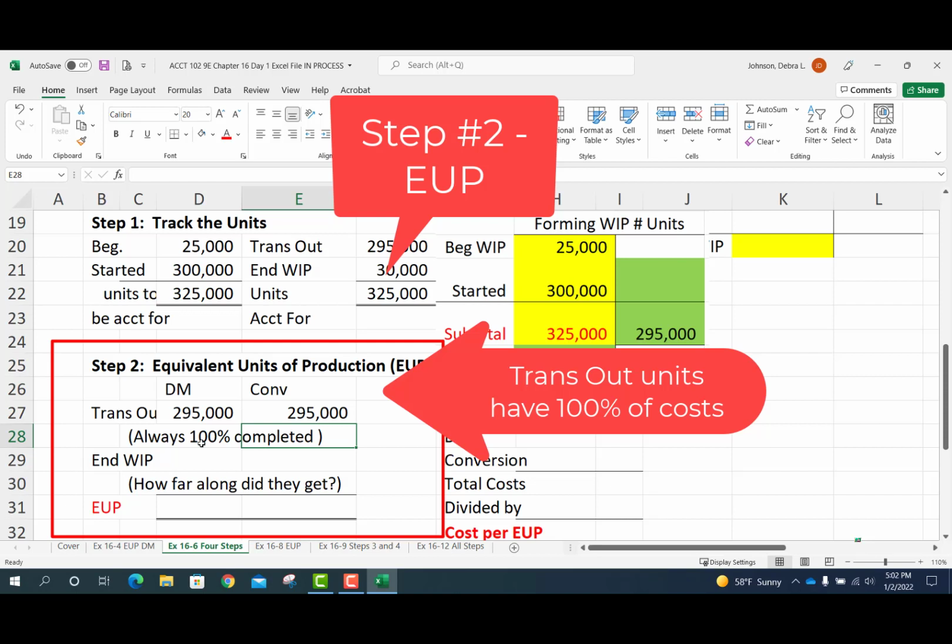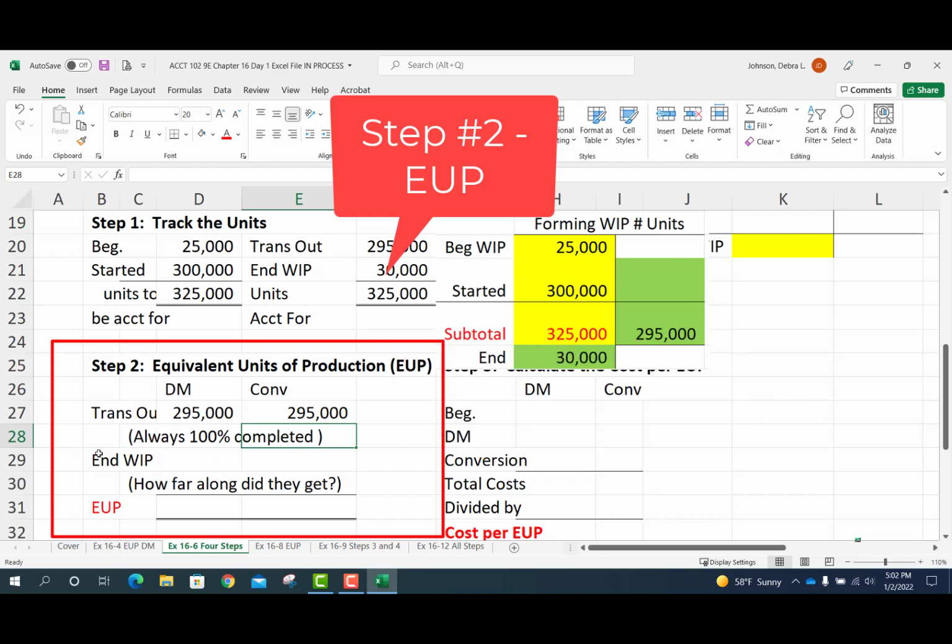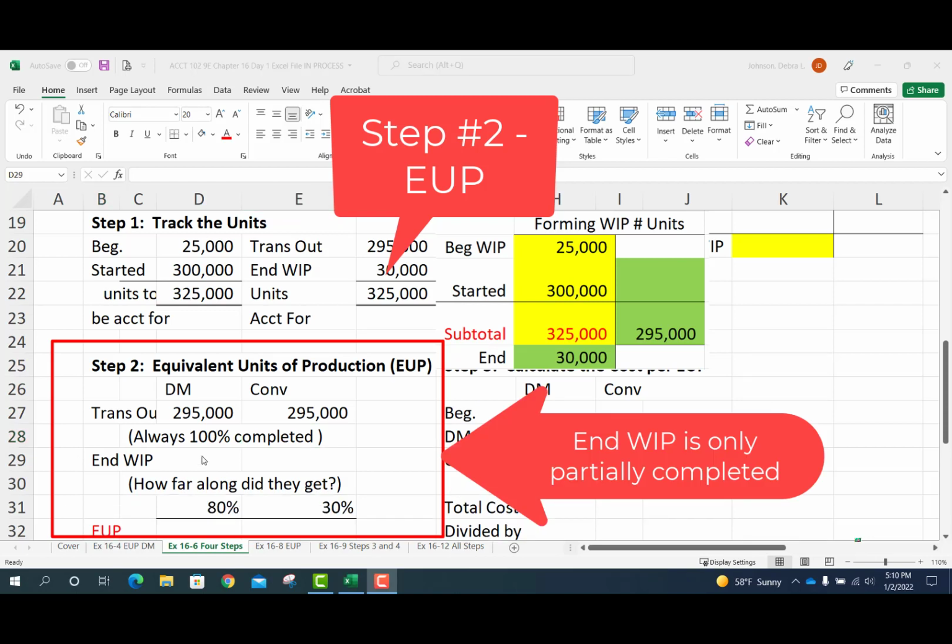So there's a notation that the transferred out layer is always 100% completed. The ending WIP layer is what can cause people trouble. So looking up at the start of the problem, the ending WIP was 80% complete with respect to materials, but only 30% complete with respect to conversion costs.